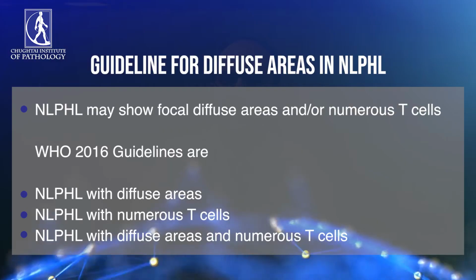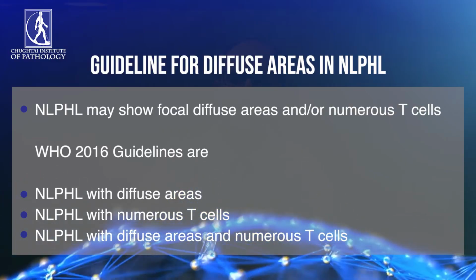Then there are certain variations that you can see during diagnosis of nodal lymphocyte predominant Hodgkin lymphoma. By definition, it should have nodules, but you can have diffuse areas and you can have T cell rich areas, and you may have diffuse areas as well as numerous T cells. So WHO recommends that whenever you have diffuse areas in an LP Hodgkin lymphoma, the diagnostic line should be nodal lymphocyte predominant Hodgkin lymphoma with diffuse areas.